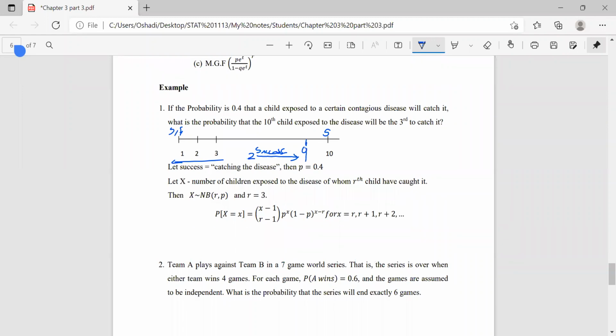Okay, so this is the negative binomial expression. So we are asking X equals 10. The third child has caught it. So the third child is the 10th child exposed to the disease.